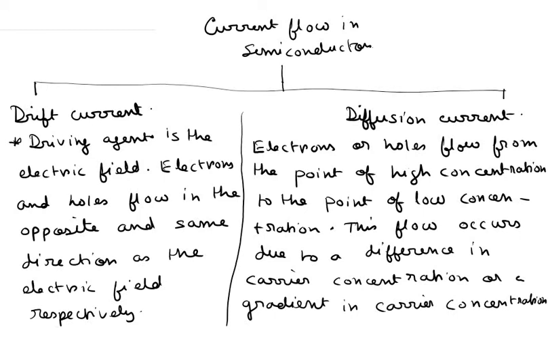The same is the case here: if at some point in space the concentration of electrons or holes is very high, then those electrons or holes would tend to flow from the point with high concentration to other points with lower concentration. We already discussed drift current last day, and I am not discussing it again.